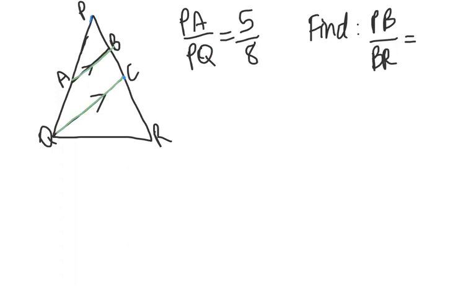So that means we're going to use this triangle over here, this bluish triangle, of which the green lines are parallel. So if you see something like this, you can already see PA is opposite PB, and QA is opposite BC. And this whole line here, PQ is opposite PC.